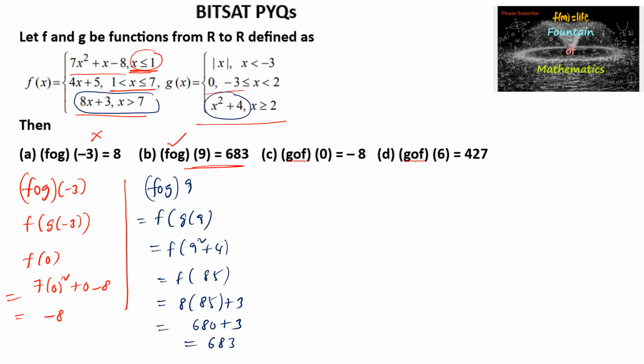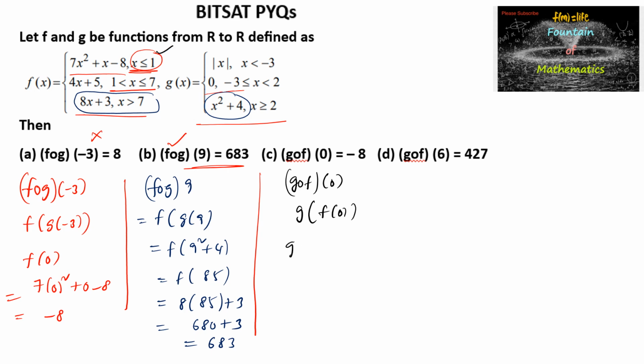So let us also identify options C and D. Let me explain how to find out. So f circle g circle f, so g circle f of 0. We can write g of f of 0, in the f function where x is 0, that is x less than or equal to 1.